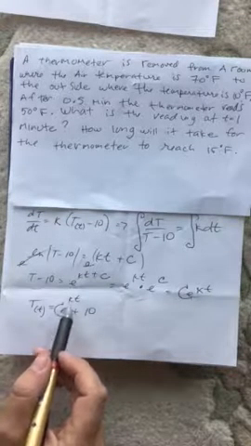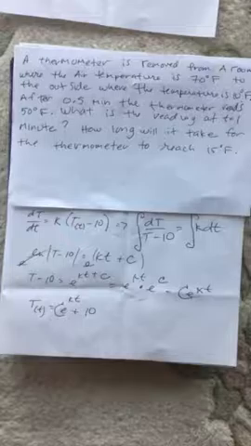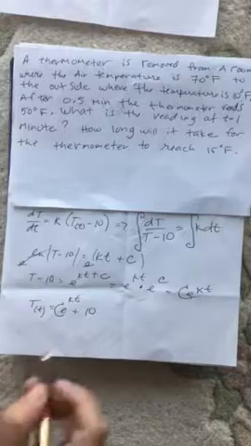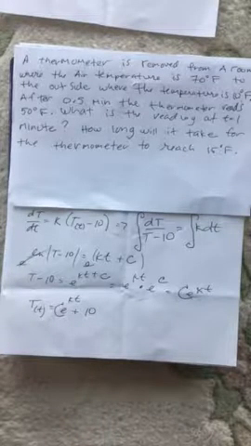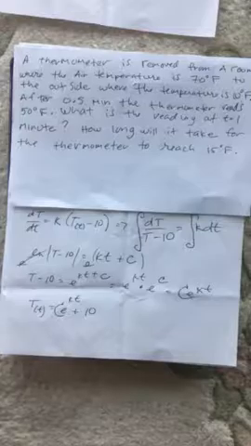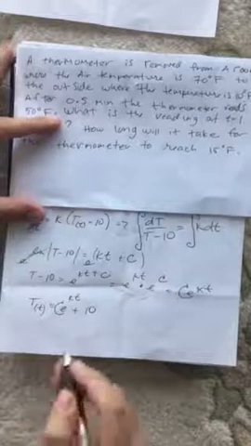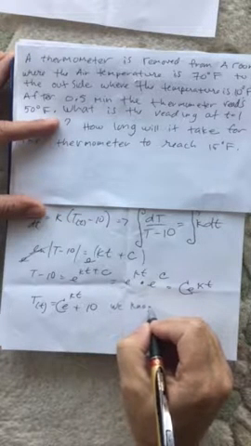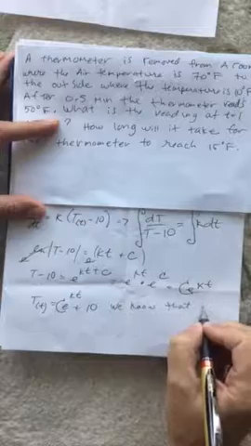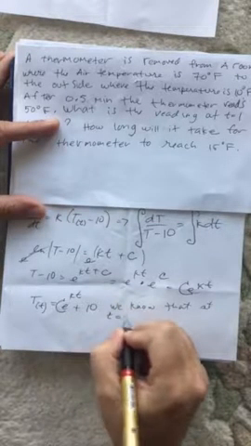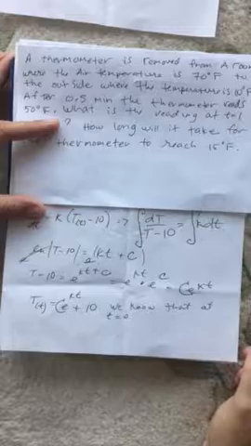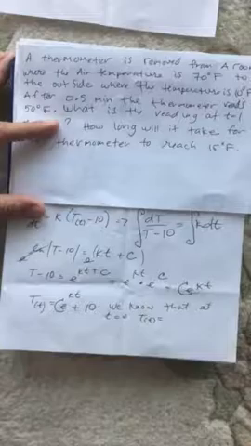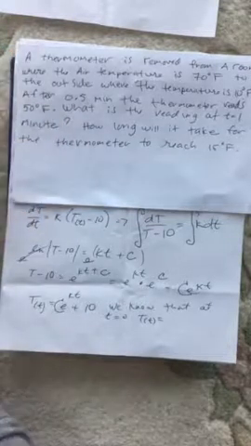But we need to solve for k and c. So what can we say? How can we get that k and c? We need to get that k and that c. That'll make it a proper equation. This is more of a general equation. So what do we know? Well, we know that at t equals 0, T as a function of t equals, what was it right at the beginning?